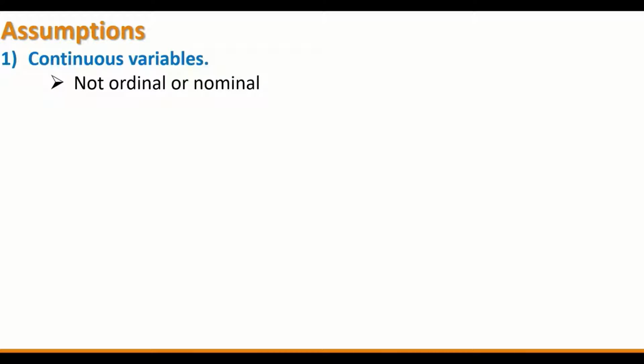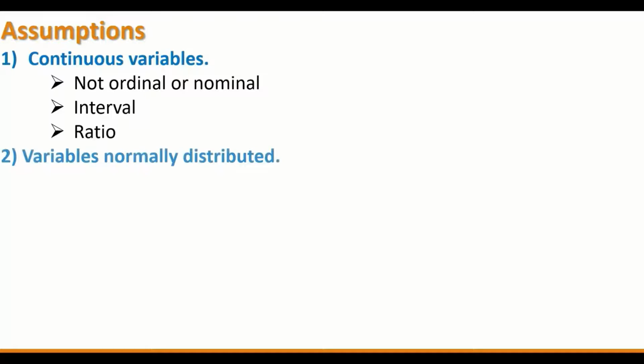Nominal variables are such as yes or no, male or female, occupation, professions, and so on. So to perform Pearson correlation, the first assumption is that you should have continuous variables, whether interval or ratio.